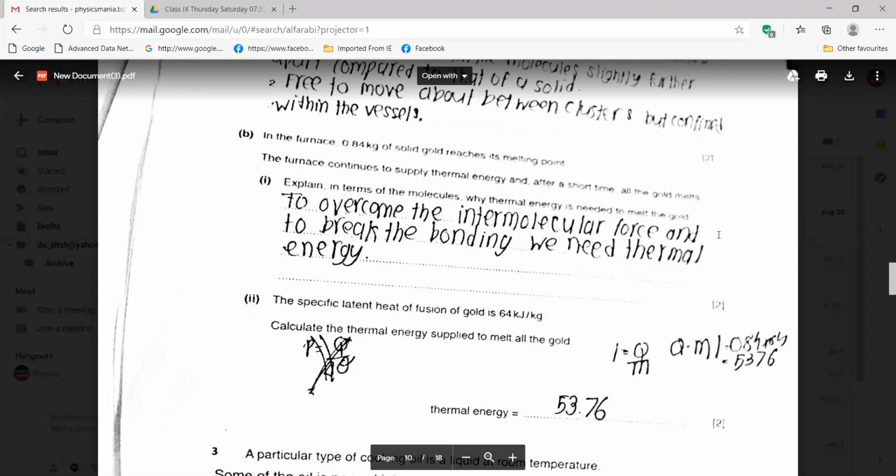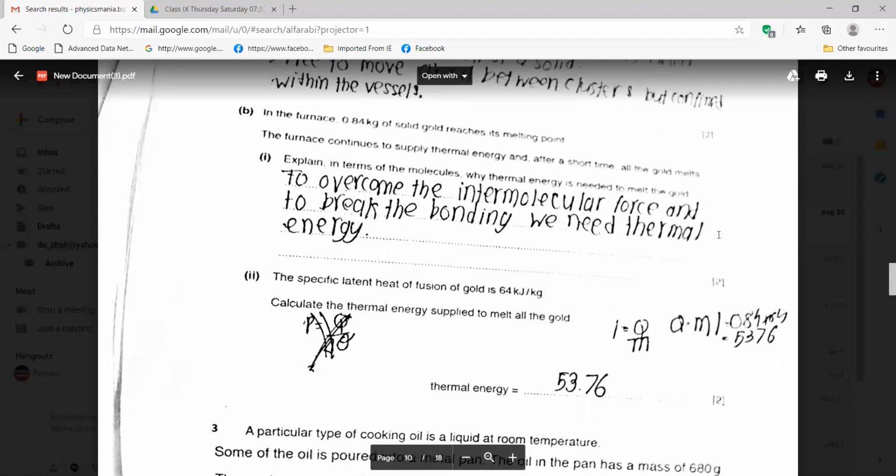In solid, they are tightly packed. So to break the bonding and to overcome the intermolecular force, we need some energy, right? And that energy is coming from the thermal energy. This way, wonderfully, you have to write if you are getting this type of questions.